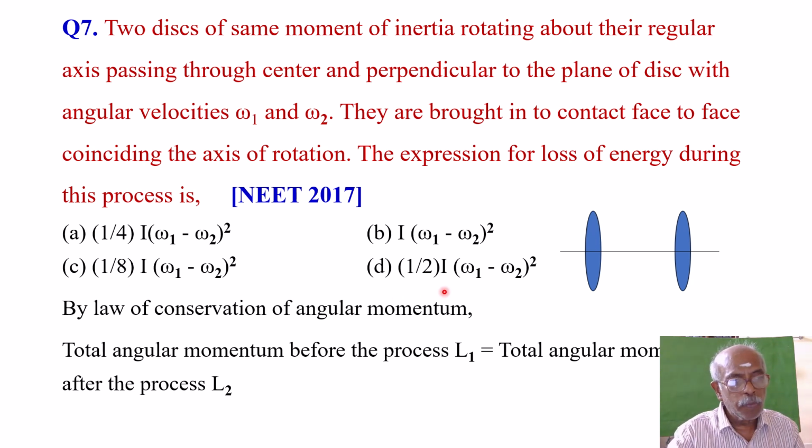Now, by the law of conservation of angular momentum, you know that the total angular momentum before the process is L1 and the total angular momentum after the process is L2. This L1 and L2 are equal.